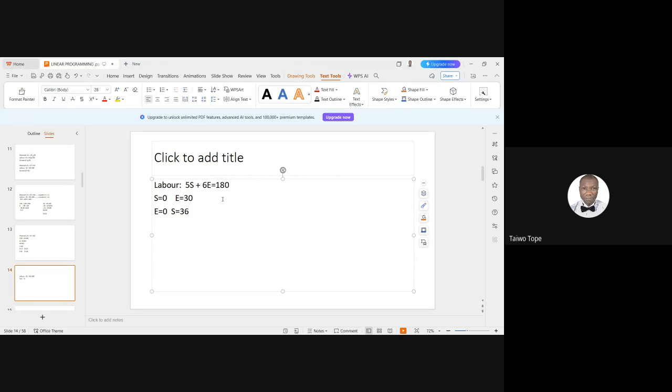So based on this computation, the question will now be, can we represent this on a graph? Yes, we can. I can see some persons have represented that on the graph.